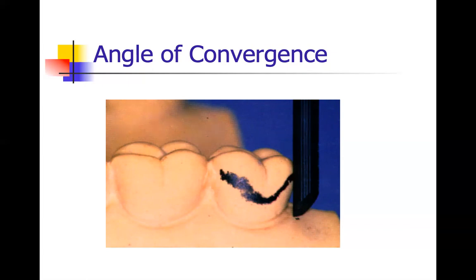This apical angle is called the angle of cervical convergence. The importance of this angle lies in its relationship to the amount of retention.